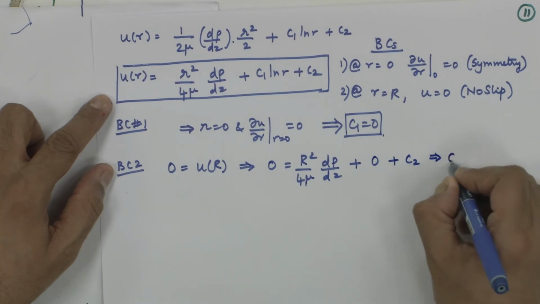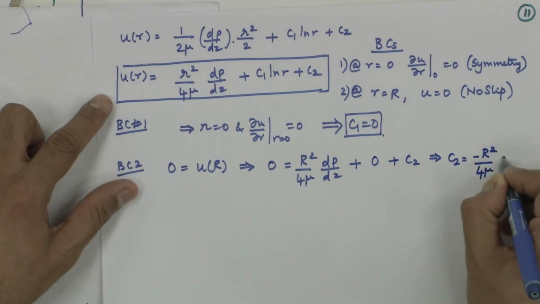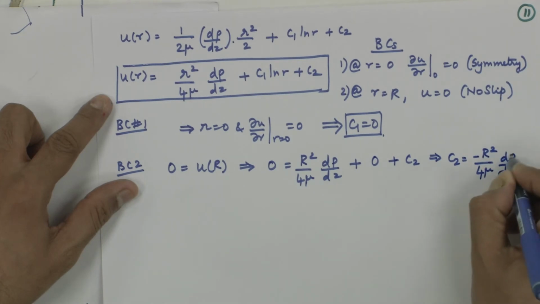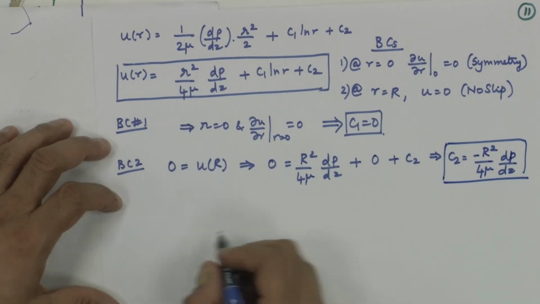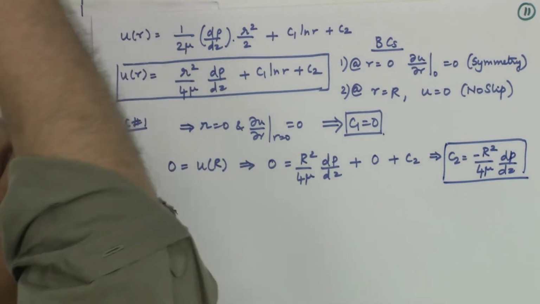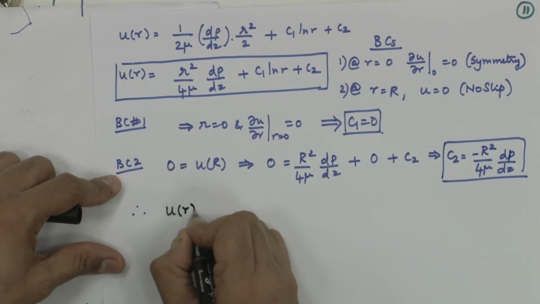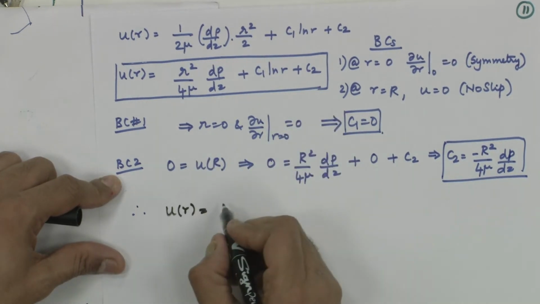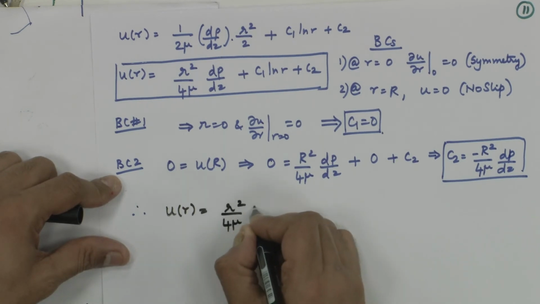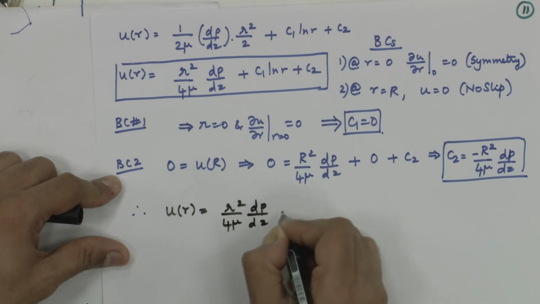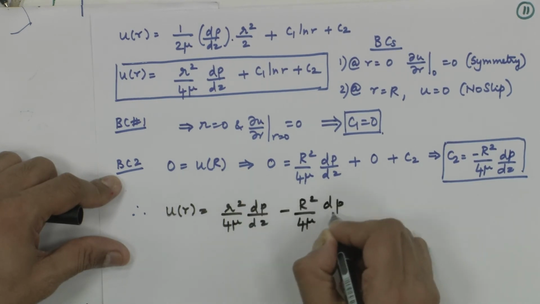This gives me C 2 equal to minus capital R squared by 4 mu dp by dz. Therefore, u of r, the expression for the velocity, is r squared by 4 mu dp by dz minus capital R squared by 4 mu dp by dz.